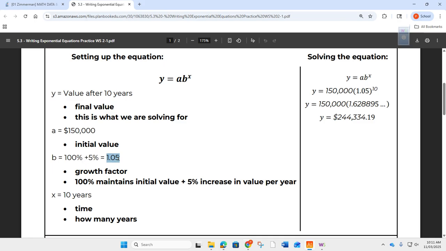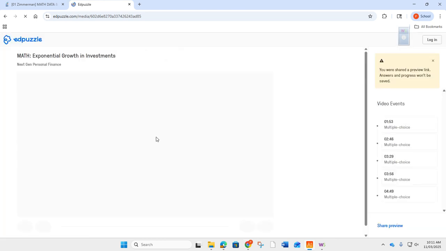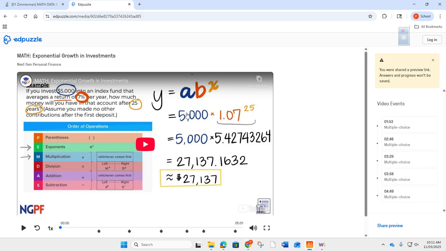If this were a decay problem and it was decreasing in value by 5%, we take that 100% and we subtract 5% and then turn it into a decimal. All right. So make sure you watch the video link there. I'm sure it's not very long. And that will remind you of how to do it or explain it a little bit more.